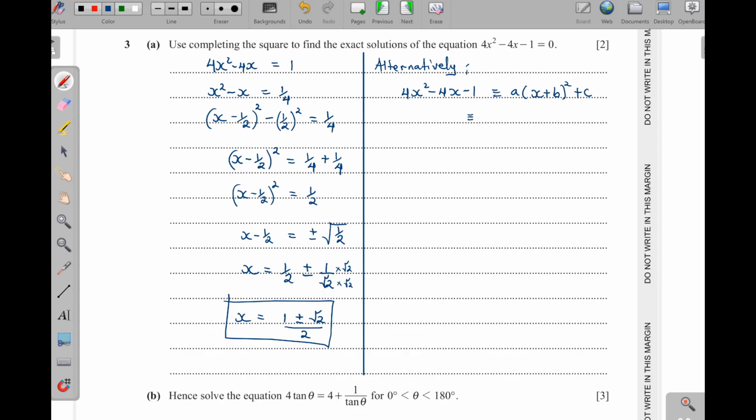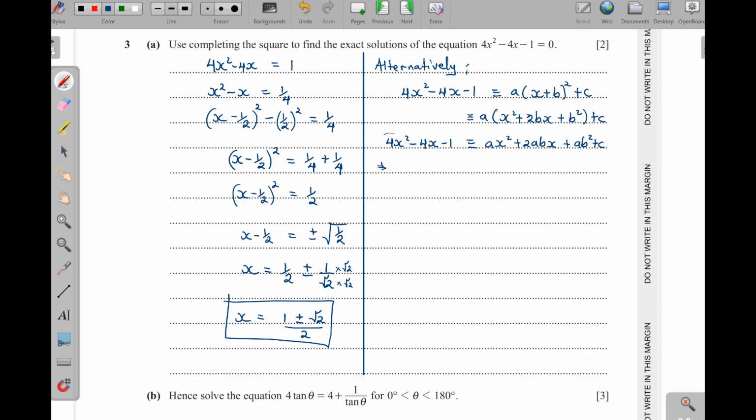Now what you can do is to expand the brackets, to expand everything, then you equate the coefficients. So here we shall have 2bx, then plus b squared, then plus c. You see that? Then that means 4x squared minus 4x minus 1 is going to be ax squared plus 2ab of x plus ab squared plus c.